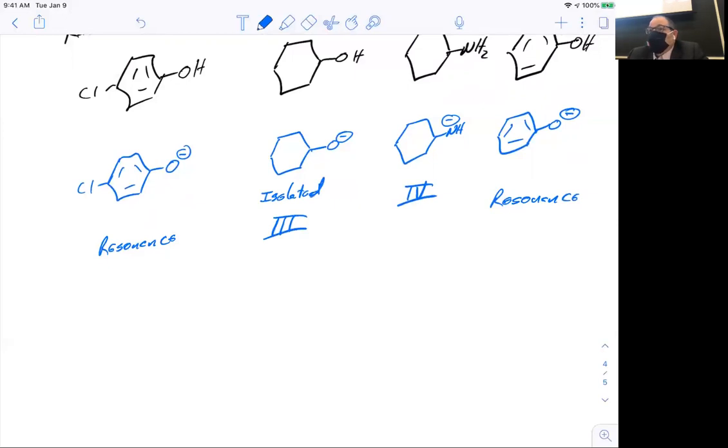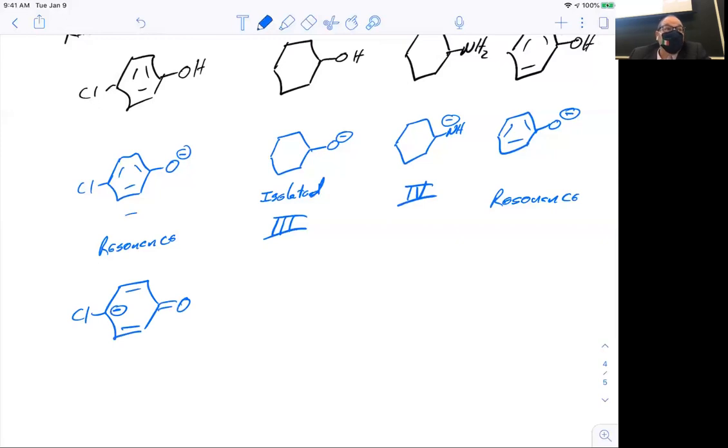Then between these 2, do we have any potential inductive effects? Well, this one looks like it might have an inductive effect, but that chlorine is far, far away, right? So we have 1, 2, 3, 4 bonds. That's pretty far. But remember that this has resonance. So I can delocalize that negative charge right there to the carbon next to that chlorine, which is going to increase that inductive effect, right?